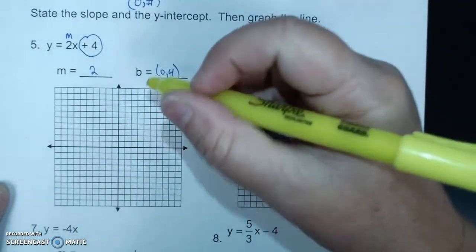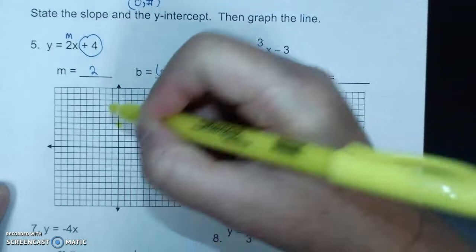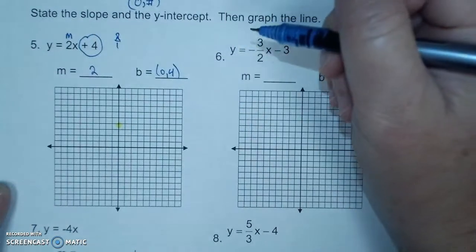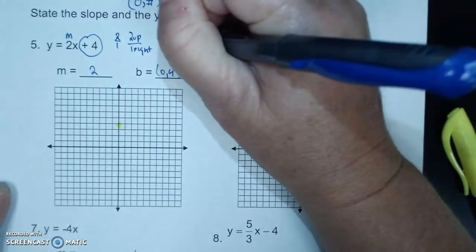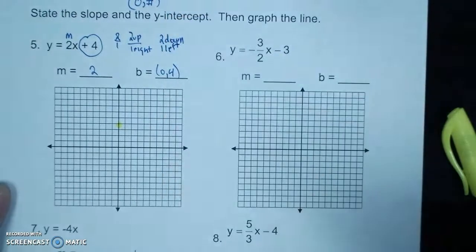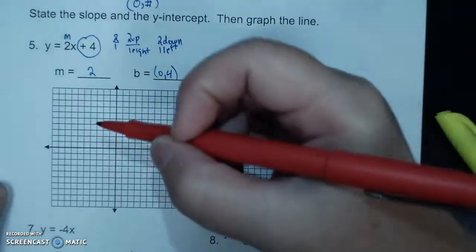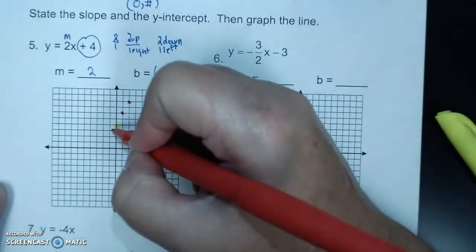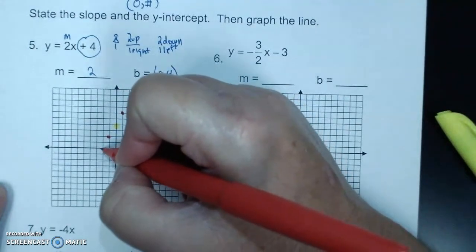So I'm going to go to 0, 4. The slope is 2, which is 2 over 1, which is 2 up, 1 right. That also can be 2 down, 1 left. So I'm going 2 up, 1 right, 2 up, 1 right, 2 down, 1 left, 2 down, 1 left.